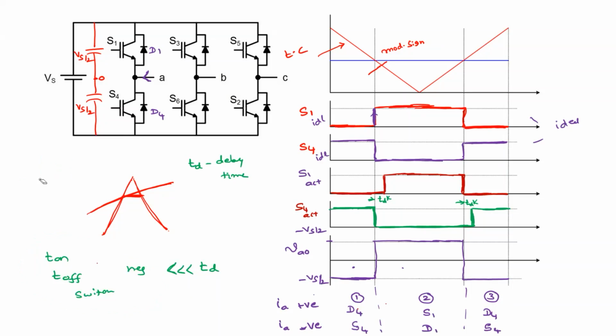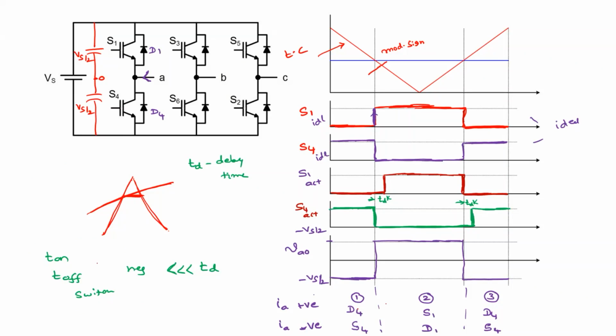So these are the actual transitions. Clear? Whenever we have a rising edge, it is delayed by some duration or time delay, maybe 1 or 2 microseconds, and the falling edges are as they are.